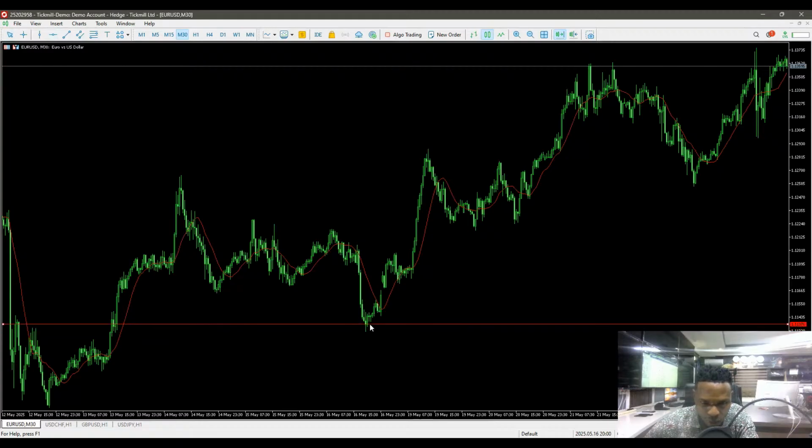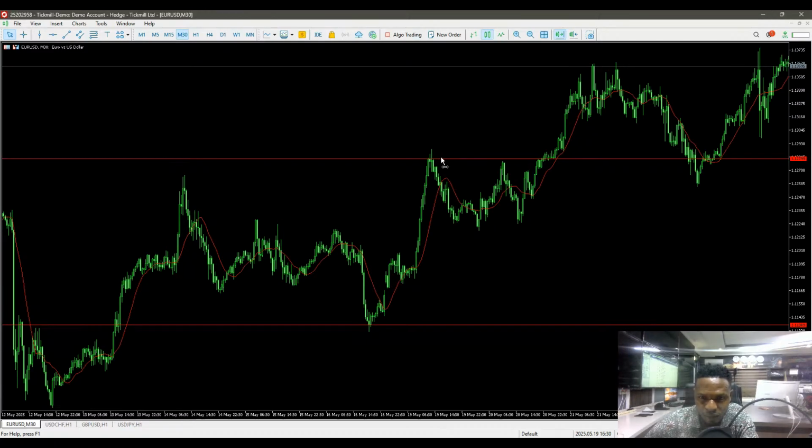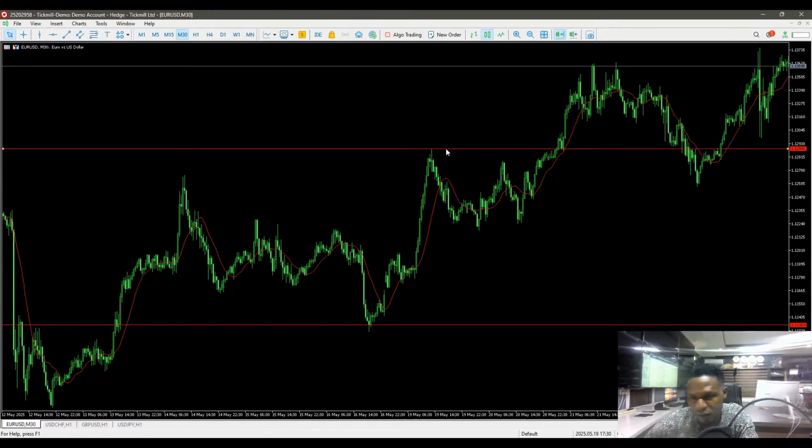If you want to use the body, ensure you are using the body. If you want to use the wick, also use the wick, the low or the high. For example, here you can use the body or the high. They are all the same thing.